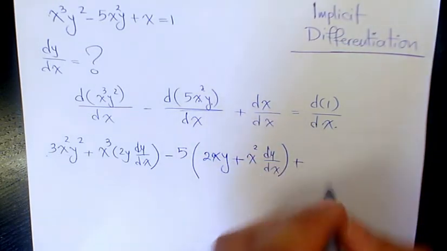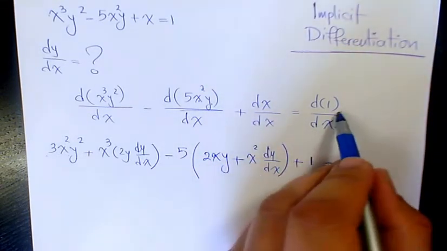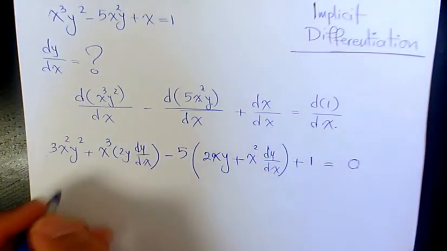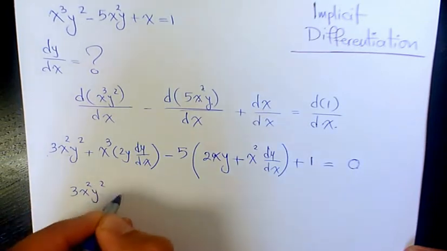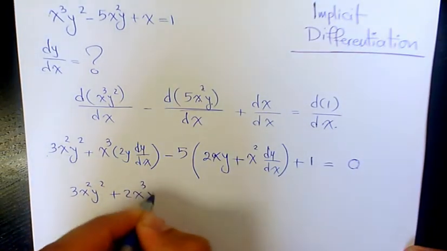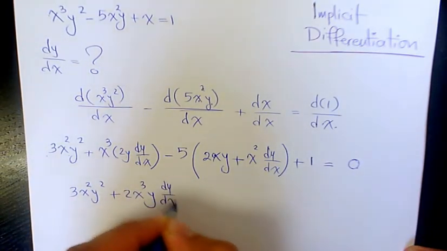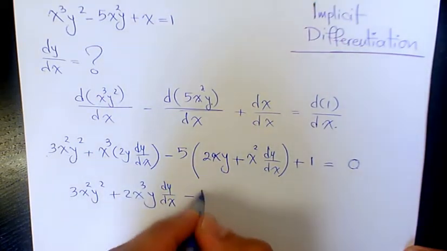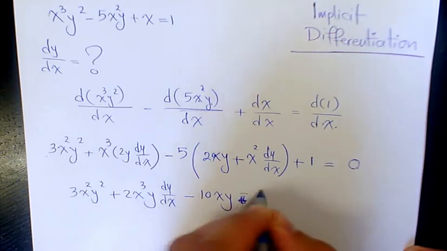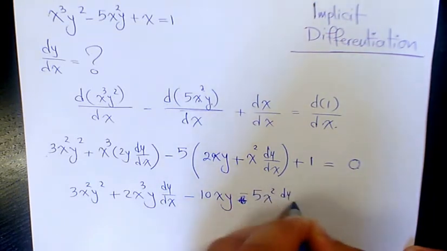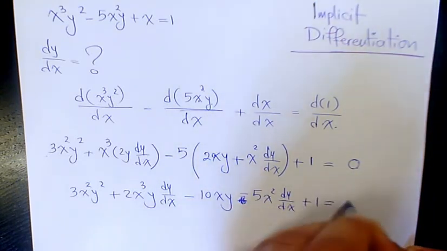The derivative of x with respect to x is 1. The derivative of 1 with respect to x is going to be 0. So we have 3x squared y squared plus 2x cubed y dy over dx minus 10xy, plus, actually it's going to be minus 5x squared dy over dx plus 1 equals 0.